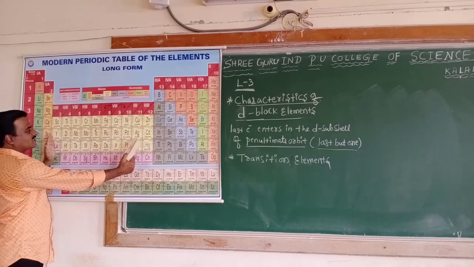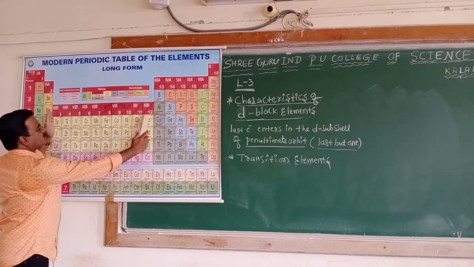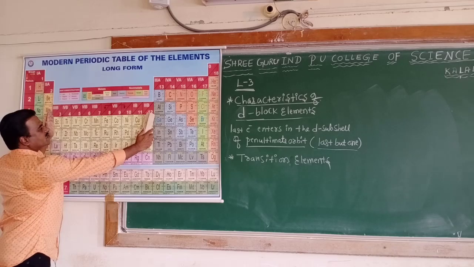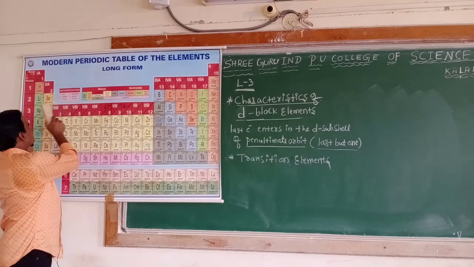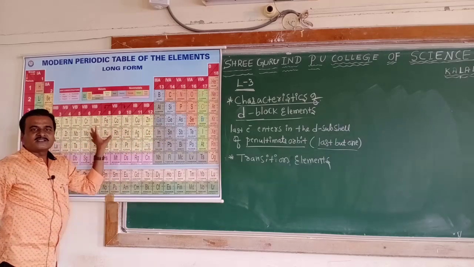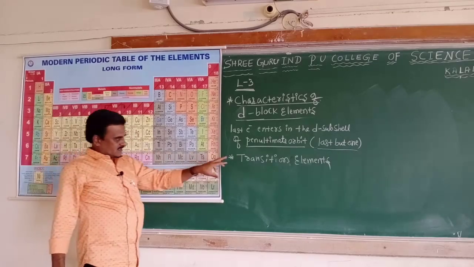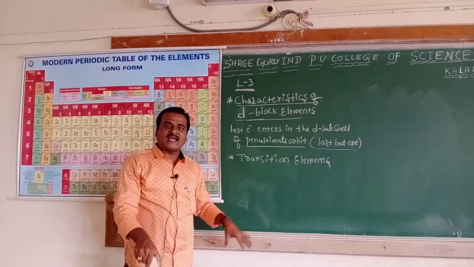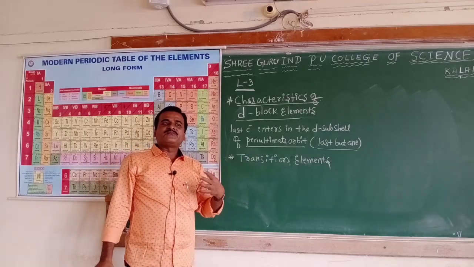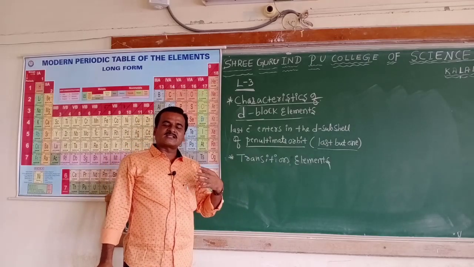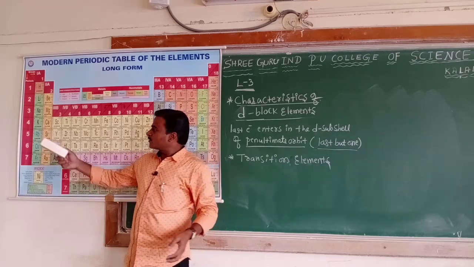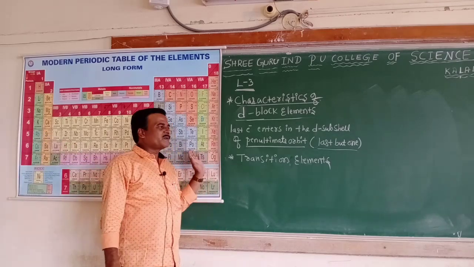Why are they called transition? Because group 3 to group 12 are placed between s block and p block. Transition regarding their placement, as well as they are similar in some properties to the s block as well as the p block.